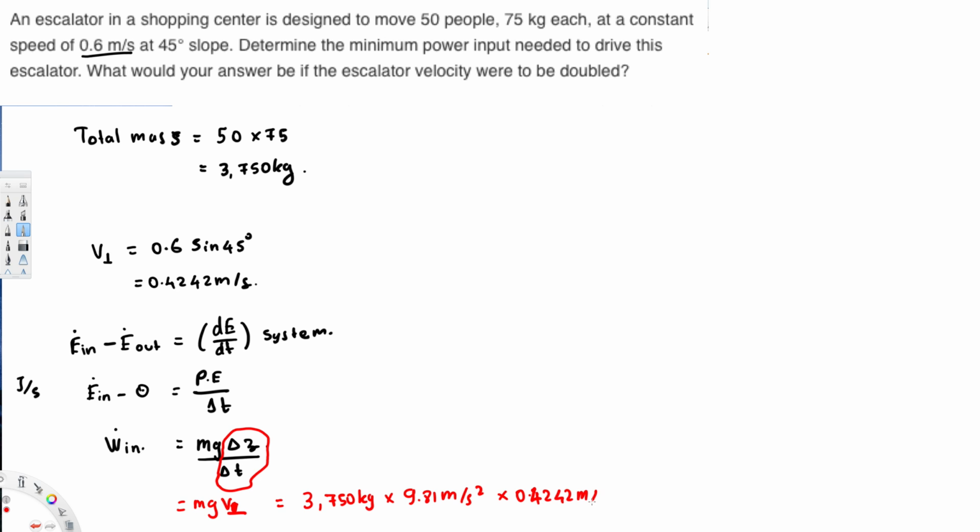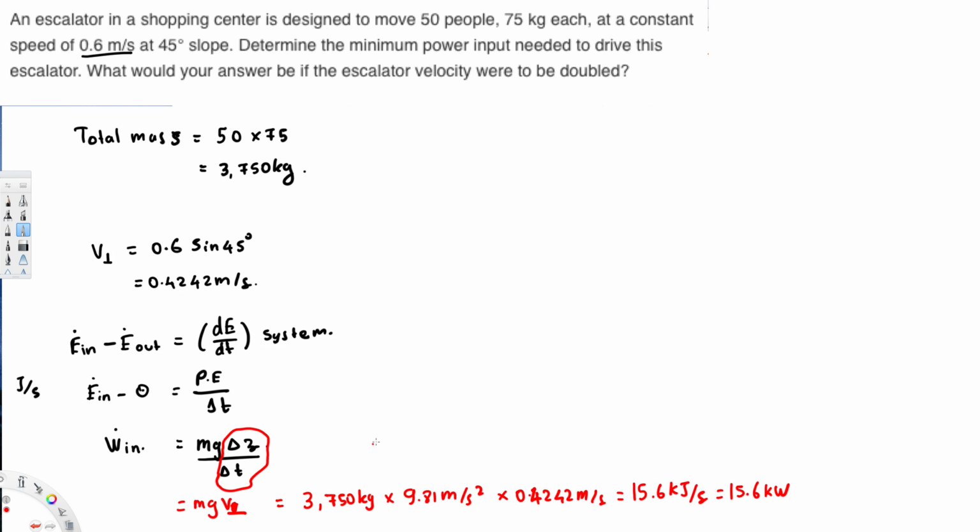If you calculate this, you will get 15.6 kilojoules per second, and that is equal to kilowatts, right? Joule per second is watts, so this is equal to 15.6 kilowatts.